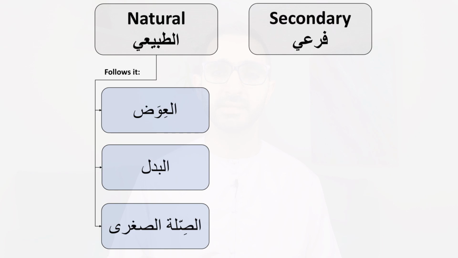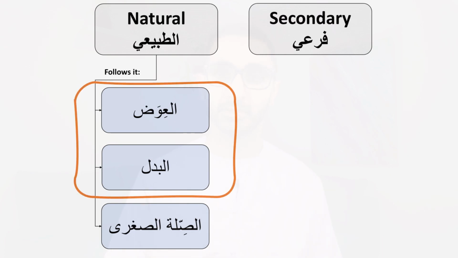When we talk about the natural mad, we said that there are three types of mad that follow the natural mad. Follow as in they are similar, they are pretty much in the same category as the natural mad. These three are al-iwad, al-badal and as-sila sura. So in this video we'll talk about mad al-iwad and mad al-badal.